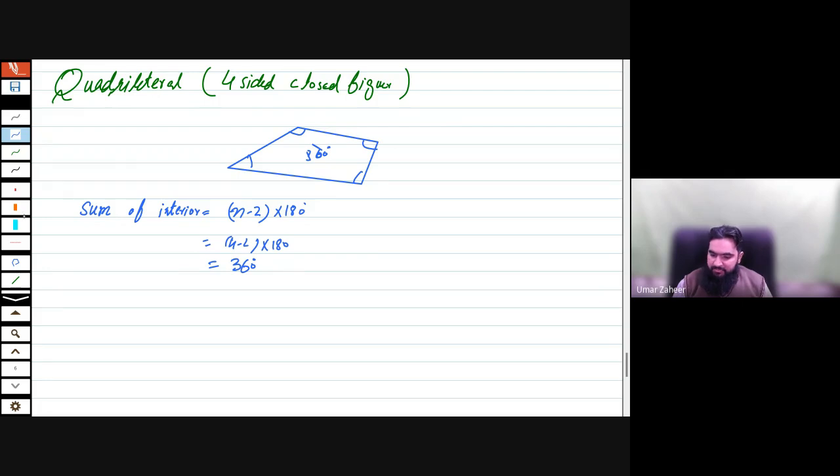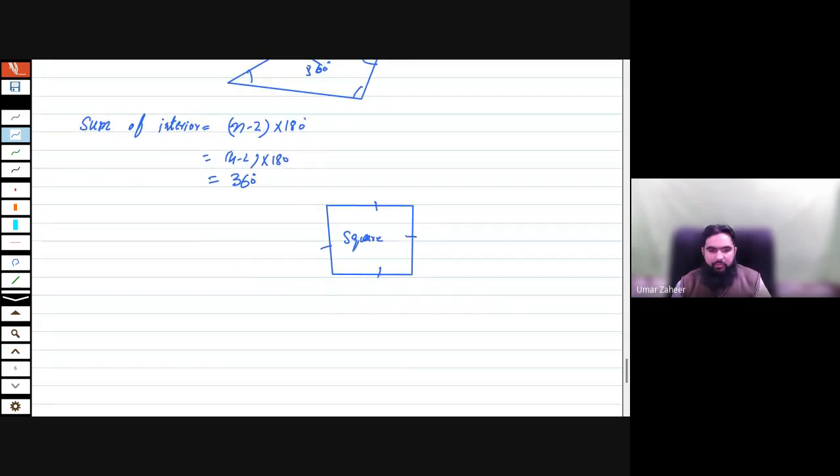And for example, if you have a regular polygon or regular quadrilateral, the regular quadrilateral is basically, you know that it is a square. So we have to find one interior angle.